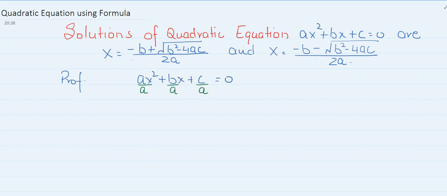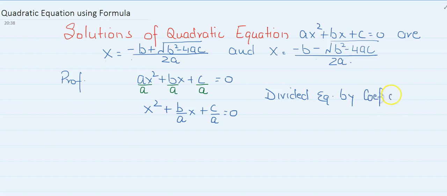So our equation becomes x² + (b/a)x + c/a = 0. So what we have done, we have divided the quadratic equation by the coefficient of x².